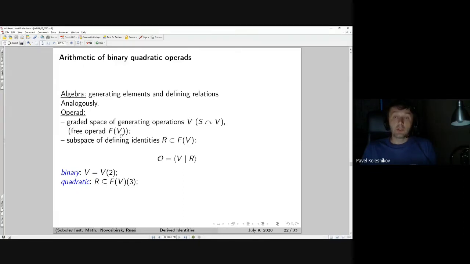And in order to get a quotient, we need a space of defining identities. This is a graded subspace, of course, a graded subspace in the free operad.